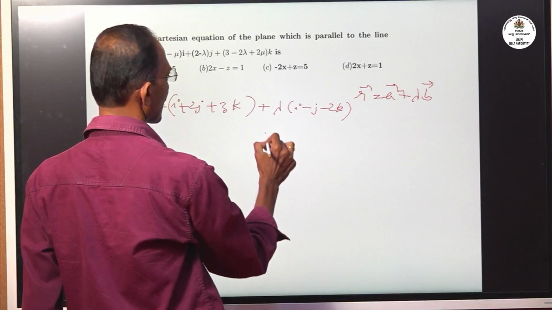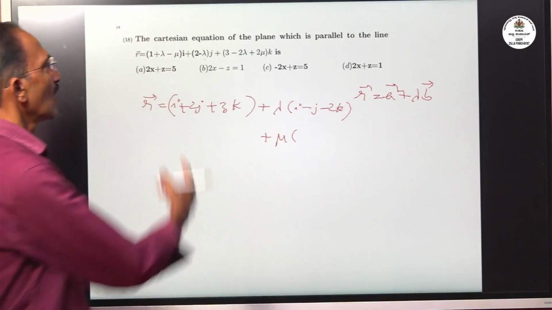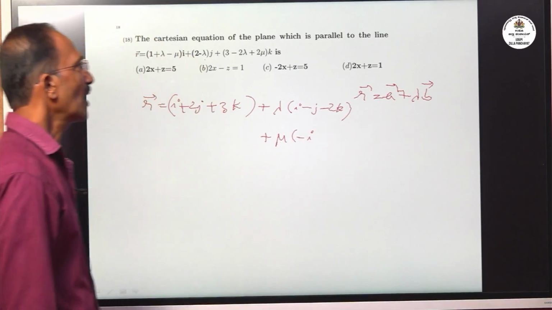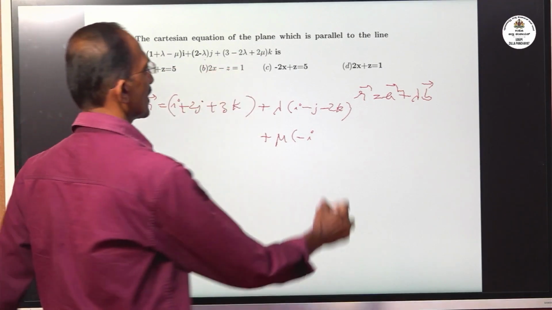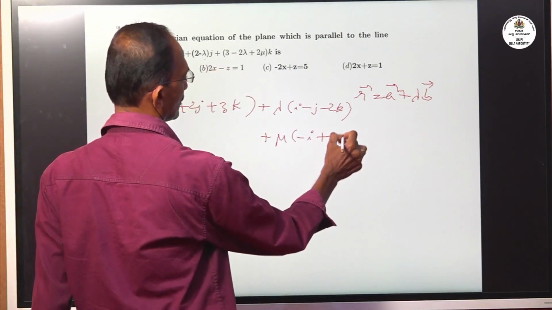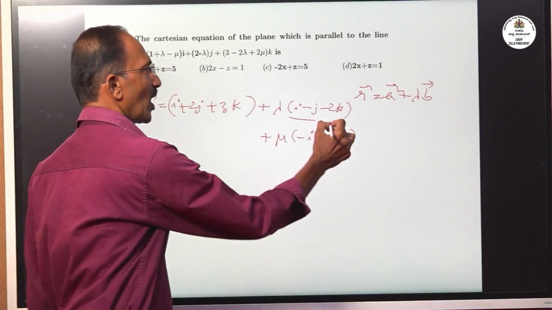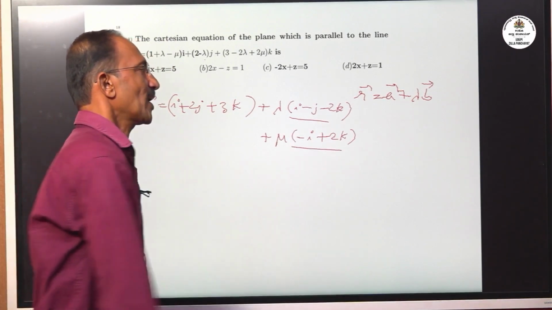Another parameter you get is mu, with minus i and 2k. So this line is parallel to i minus j minus 2k, and is also parallel to minus i plus 2k.